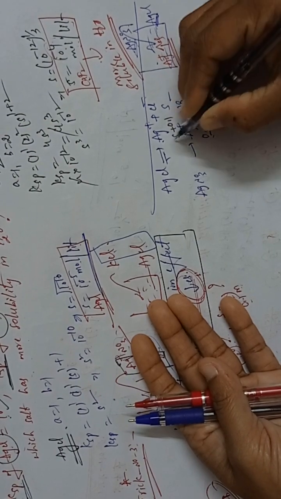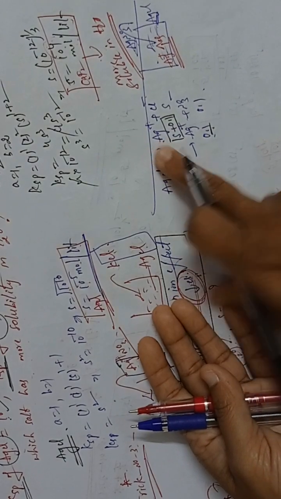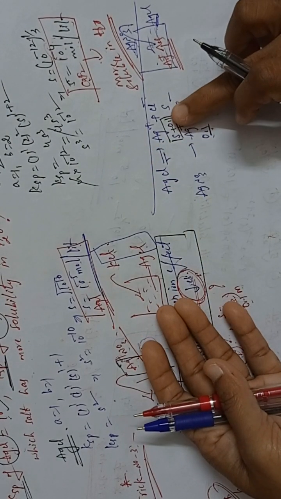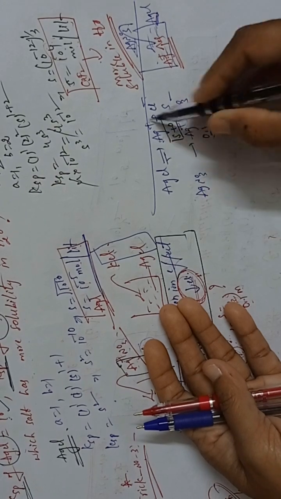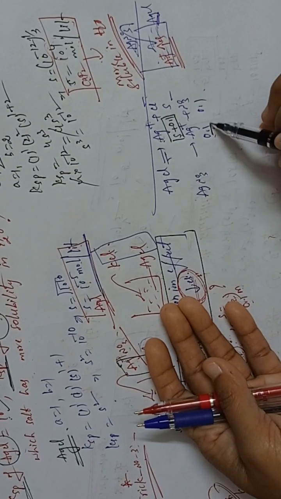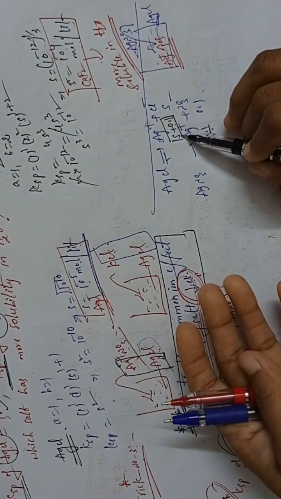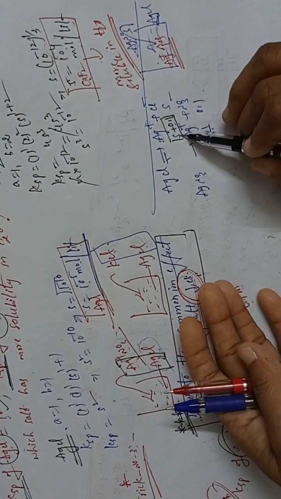So Ag plus ion concentration is increased by S plus 0.1. But here its solubility is S, and here its solubility is 0.1.